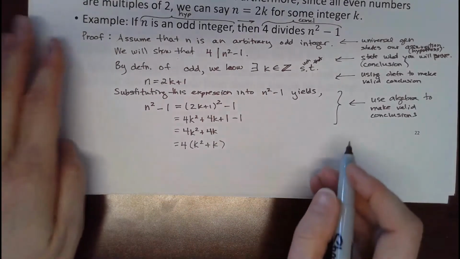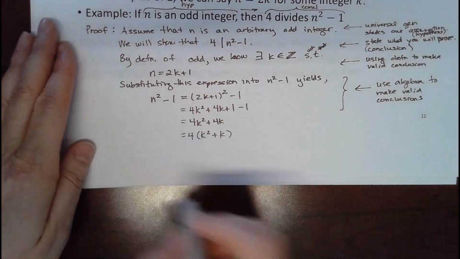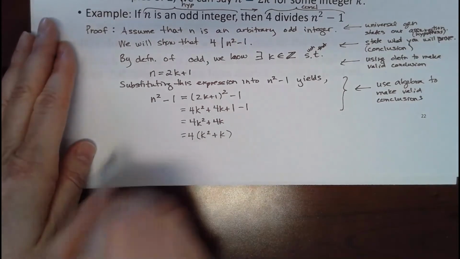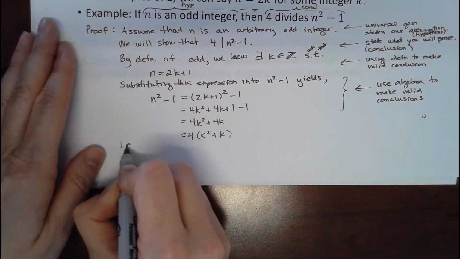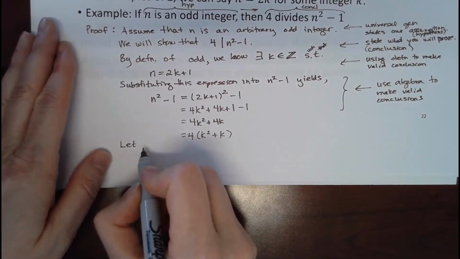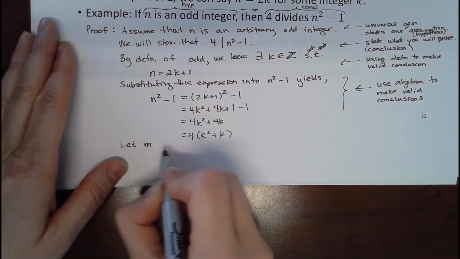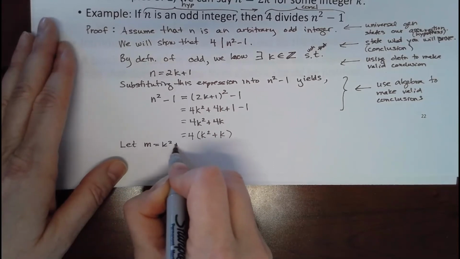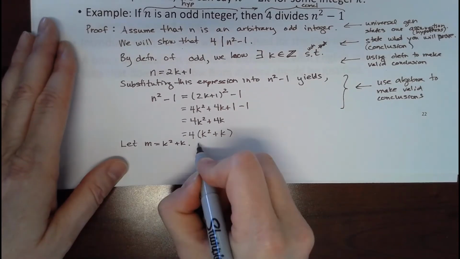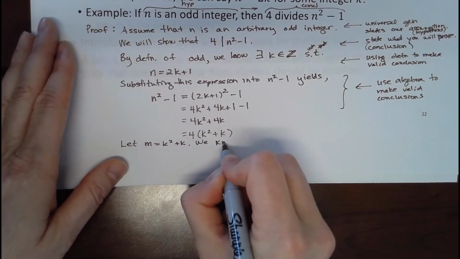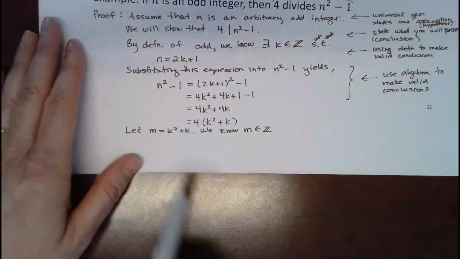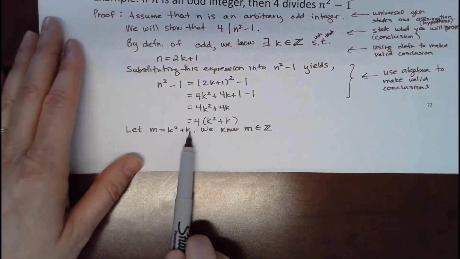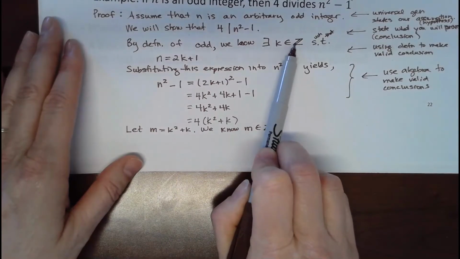And so we might then say, oh, I should have used a different letter, because k is from your definition, but that's okay. So let's say we'll call it m equal k squared plus k. We know that m is an integer, because we did multiplication and addition on an integer.